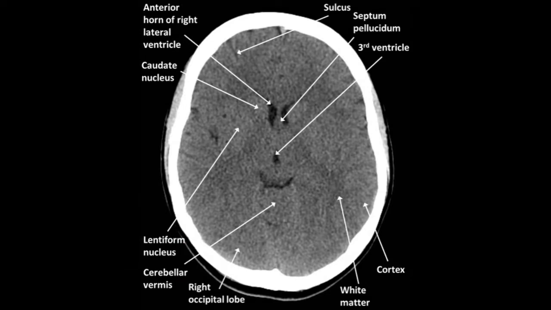Let's see some of the parts of the normal brain. Anterior horn of the right lateral ventricle, caudate nucleus, upper portion is the sulcus, behind that there is the septum pellucidum, the middle one is the third ventricle, lentiform nucleus, down one we will see the cerebellar vermis, and down we see the right occipital lobe, white matter, cortex.